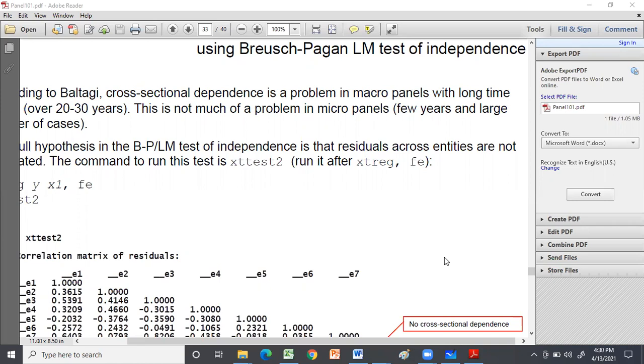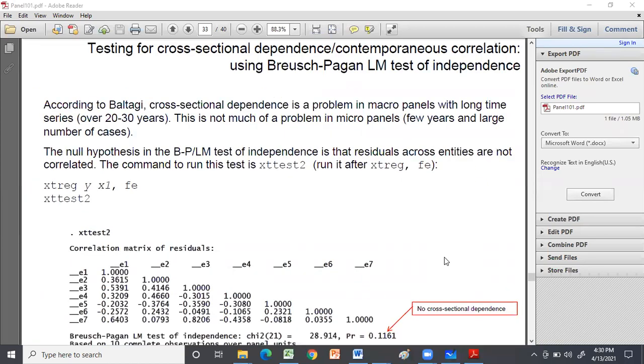But remember, this test is applicable for a large volume of time series data, at least 20 years. Here the null hypothesis is that residuals across the entities are not correlated, that means they are not dependent on each other.